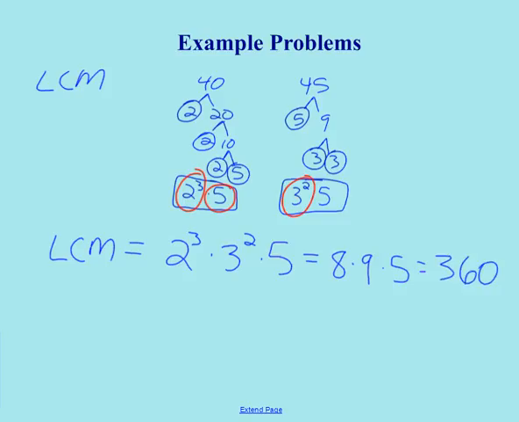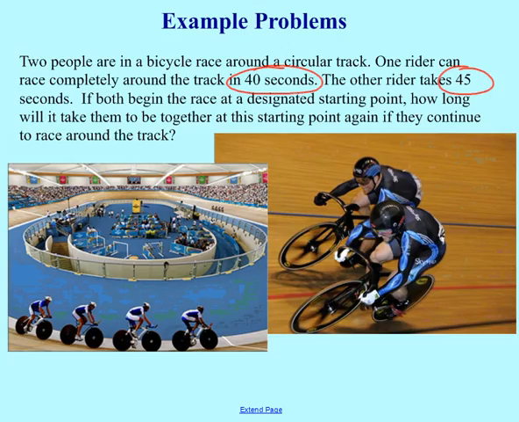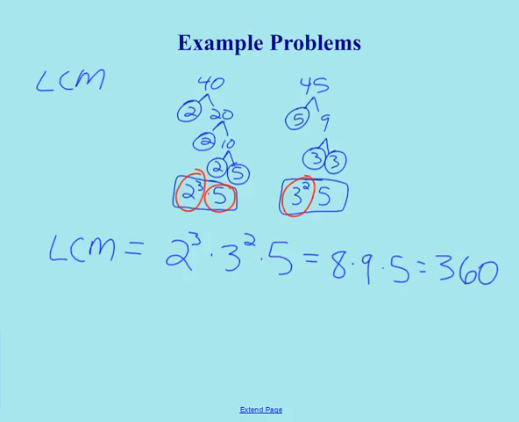Okay, so let's go back to the context of our problem. The 40 and the 45 were the number of seconds it took the riders to go around the track. So what we're saying now is that after 360 seconds, the riders will be back together at the same point.